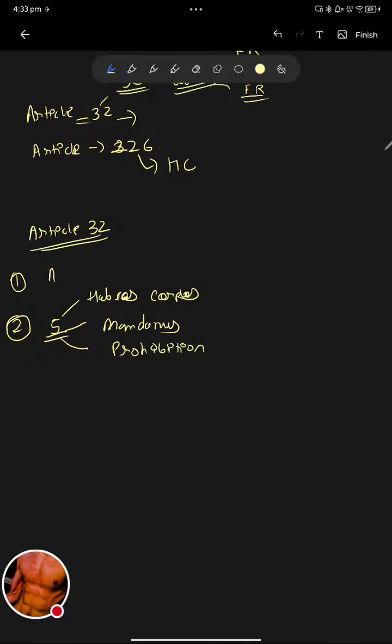Wait, writ is from the British Constitution, right? So the Britishers must have this thing. Prohibition. Then you have certiorari. Then you have quo warranto.